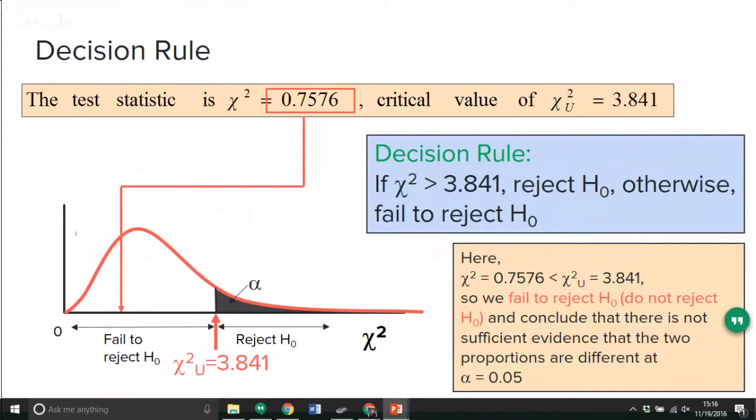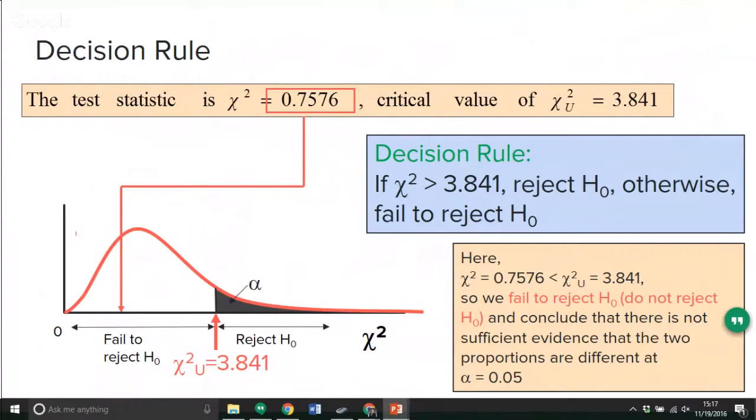So if we don't reject the null hypothesis, we find that there is no significant difference. Remember, if p is greater than 0.05, then it is non-significant. So there's no significant difference.